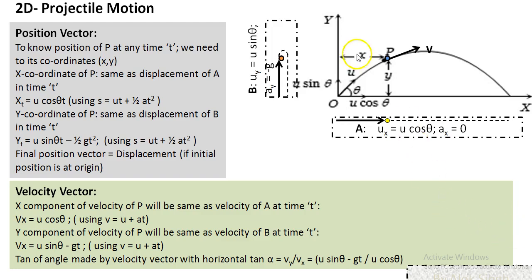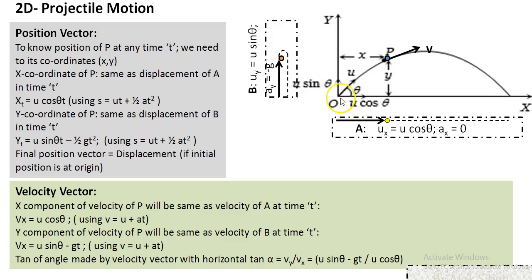How do you find position vector? So first, position vector. If we know x and y coordinate of particle P at any instance of time t, we will know the position vector. If x coordinate is x and y, the position vector will be x i cap and y j cap. So to find x coordinate of P, I will find displacement of A in time t.